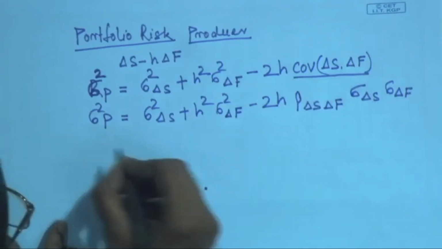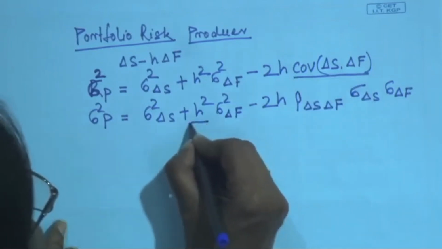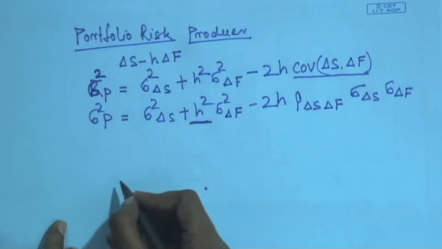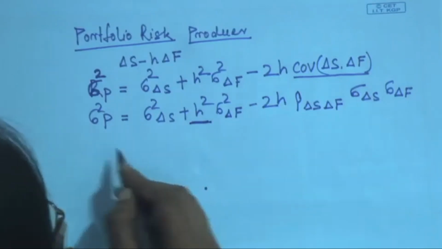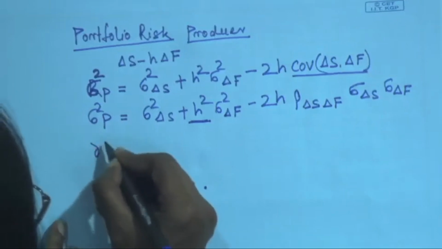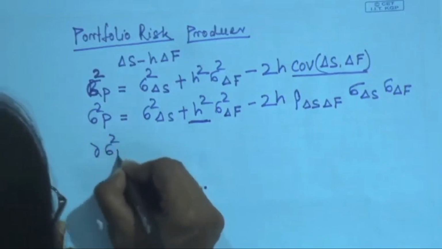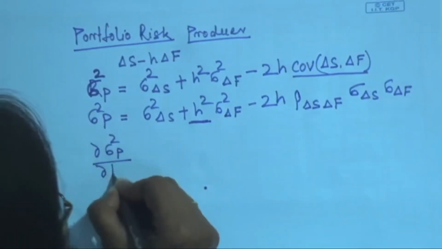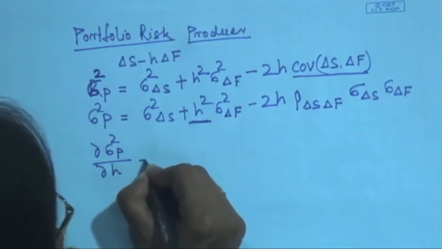So now if we have to find out for which combination of H sigma square P is going to be minimum, we have to take the first derivative of this portfolio variance with respect to H and equate it to 0.